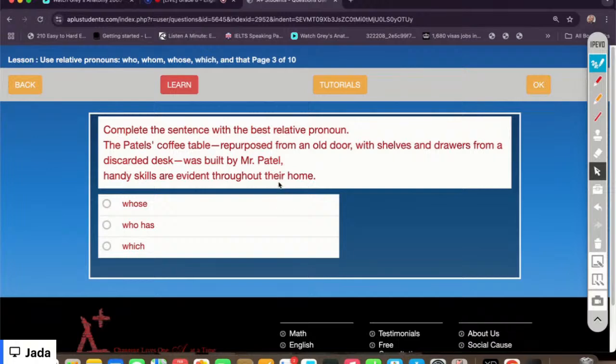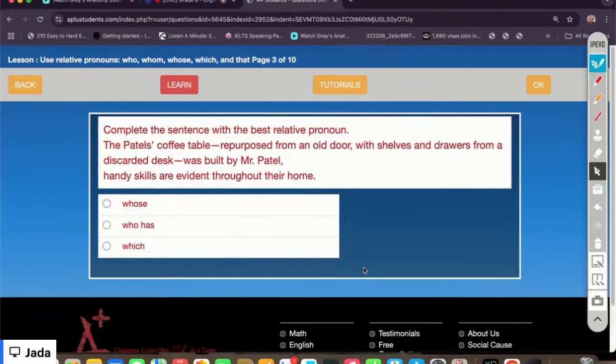The pathless coffee table, repurposed from an old door with shelves and drawers from a discarded desk, was built by Mr. Patel. Handy skills are evident throughout their home. So whose or which? Who has handy skills, whose or which?